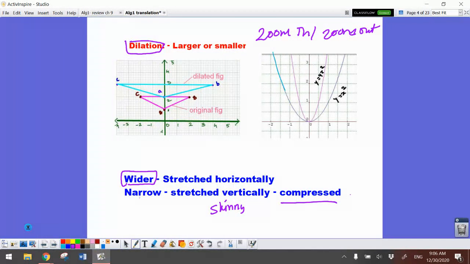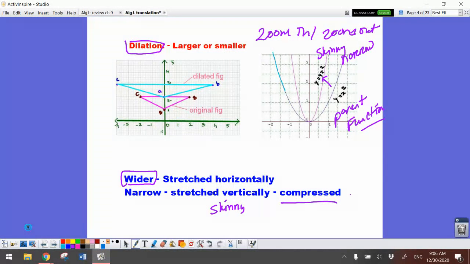If you take a look at what happened here on our quadratic, the blue one is what we call a parent function. That's the perfect function. Nothing has happened to it. That is the one that we always compare back to. If you notice, the purple one is skinnier, it's definitely more narrow. And what has happened is there's a 4 there.